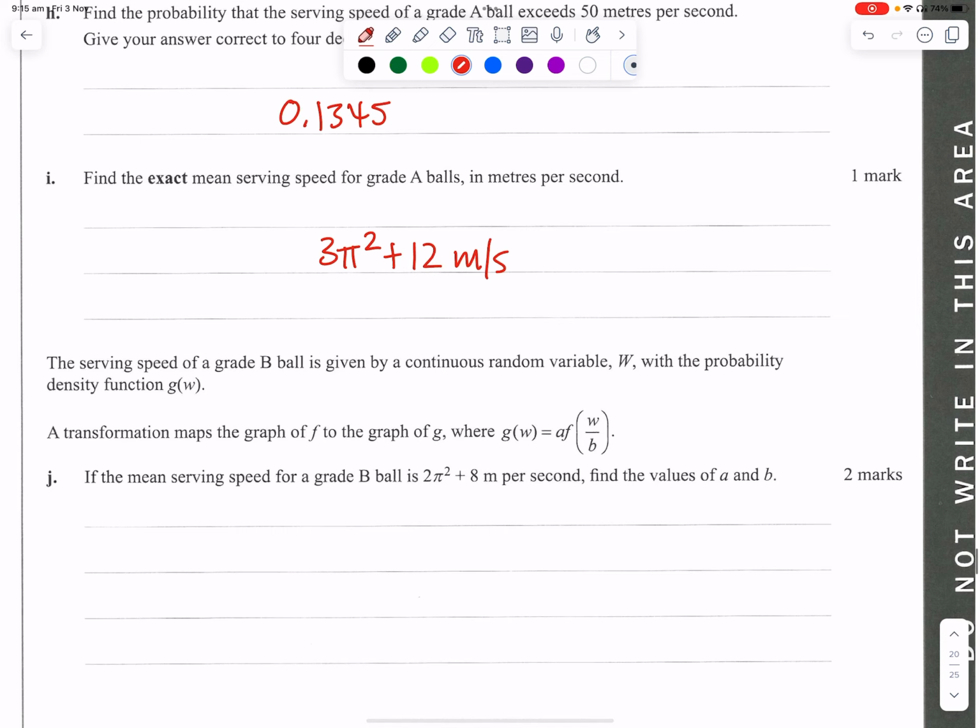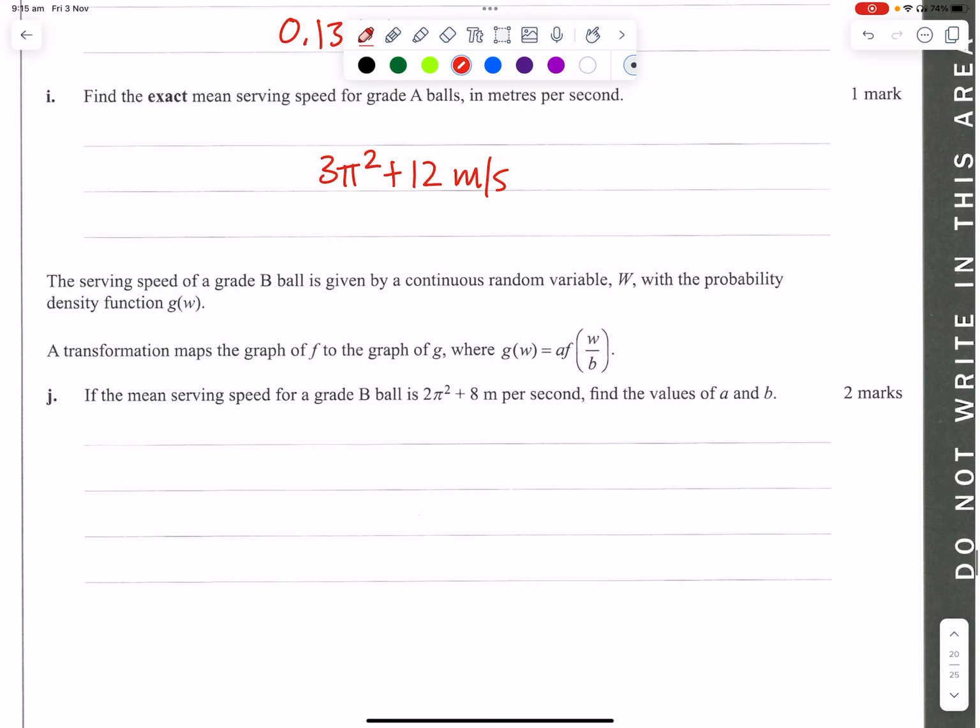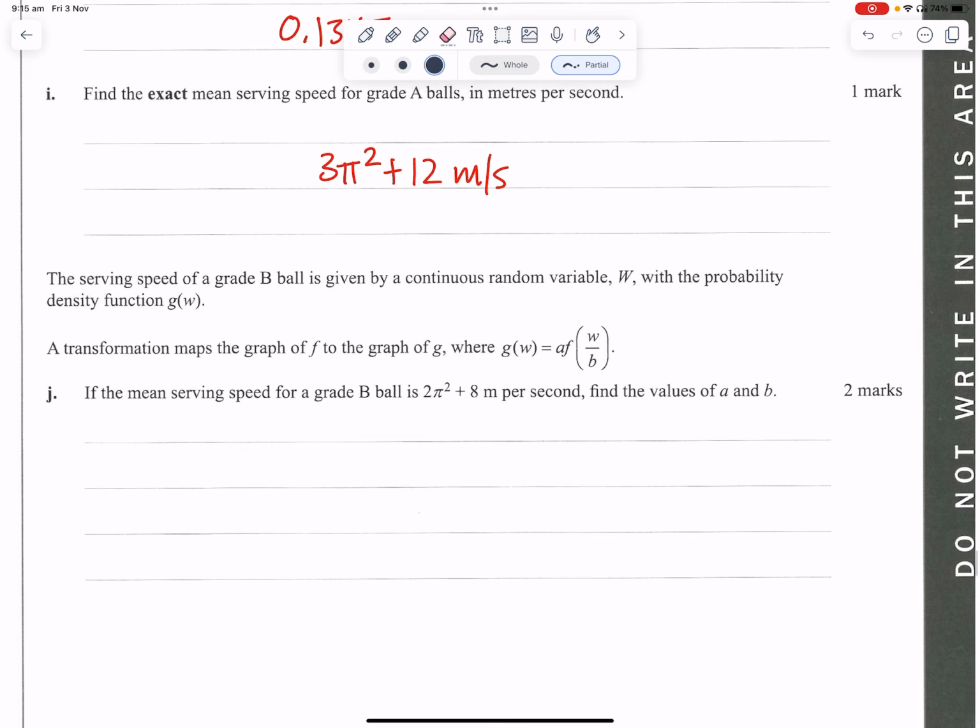So we've got to find a value that when we multiply that by A and then times it by that, it's going to give us that. So A times, let me think.